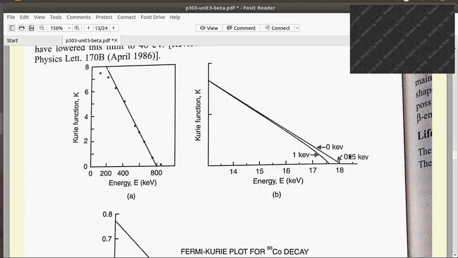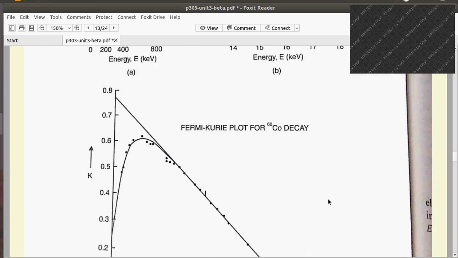If you assume 0 keV, meaning the rest mass is almost zero, then you get almost a straight line. If you assume 0.25 keV, then also it is the same. But if you assume a mass of about 1 keV, then there is a slight change in the curve of the Curie plot. And so based on this curve information, we can determine the mass of the neutrino.